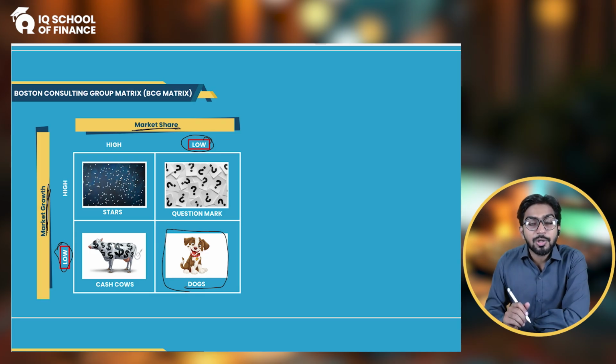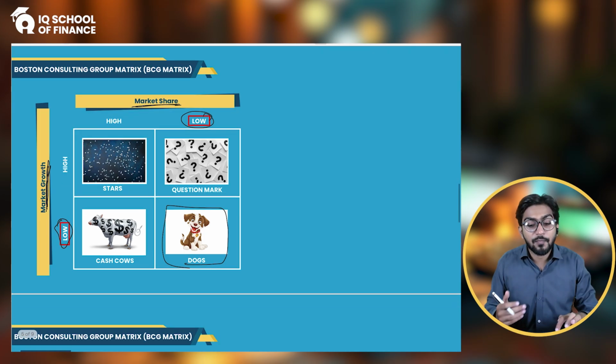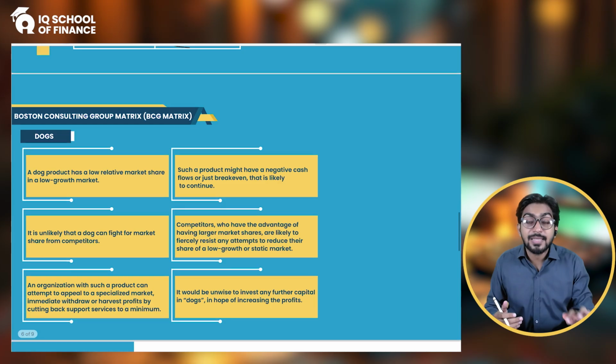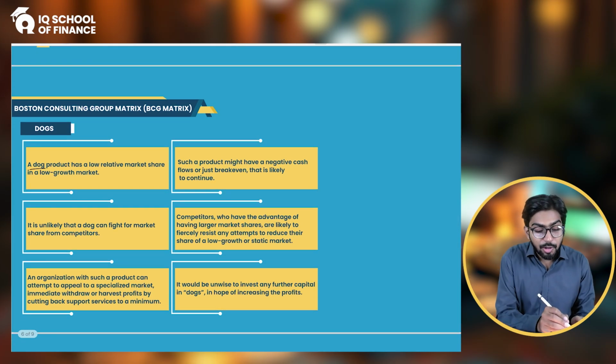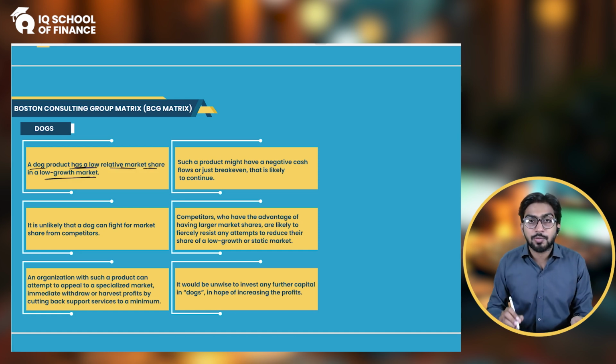Why do we call it a dog product? Because the market is useless and you do not have a good position. So it's a dog product. And what is the BCG matrix teaching us about the dog product? It is teaching that the dog product has a low relative market share in a low growth market. Such a product might have negative cash flows or just break even, and that is likely to continue.